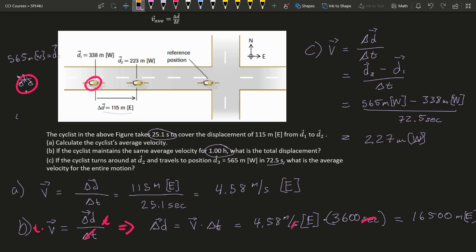Okay, oops, my pen is giving me some trouble. It's a sticky pen today. Okay, there, west, over 72.5 seconds. Okay, and that one I didn't calculate out. Well, let me go grab a quick calculator.